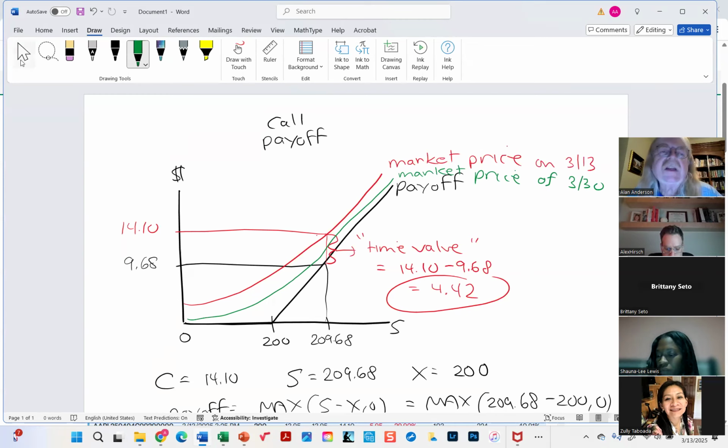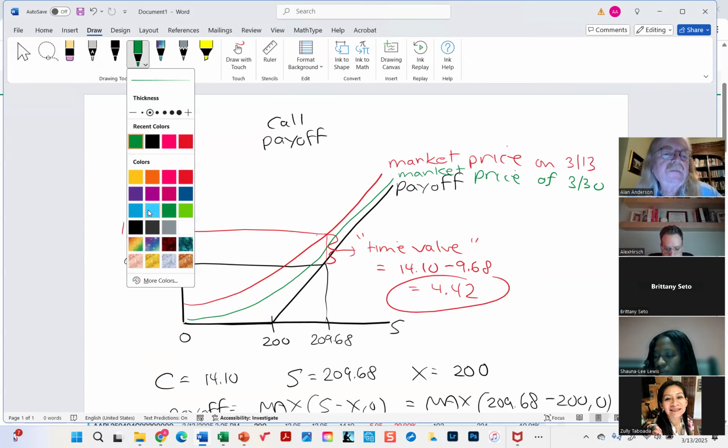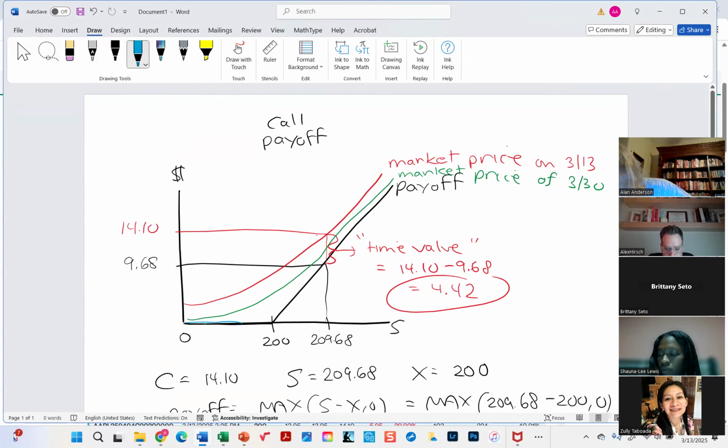And then on the actual maturity date of April 4th, see if I can draw this in here so you can still see it. This blue line is the market price on April the 4th. That equals the payoff.